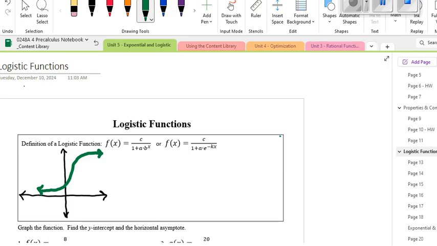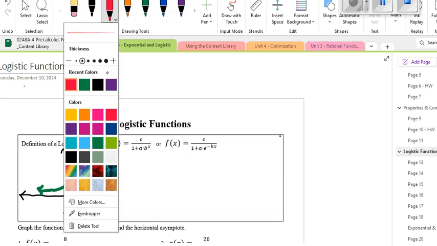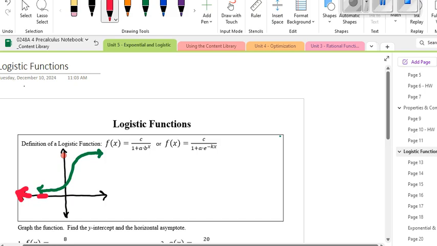And what happens when that population starts to level out is we end up with a function that rather than exponential in nature is now what we call logistic in nature. So it ends up being kind of an S-shaped curve. Like the exponential function, the logistic function also has a horizontal asymptote at y equals 0.